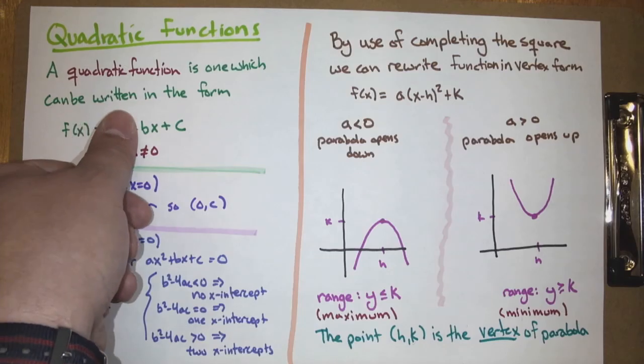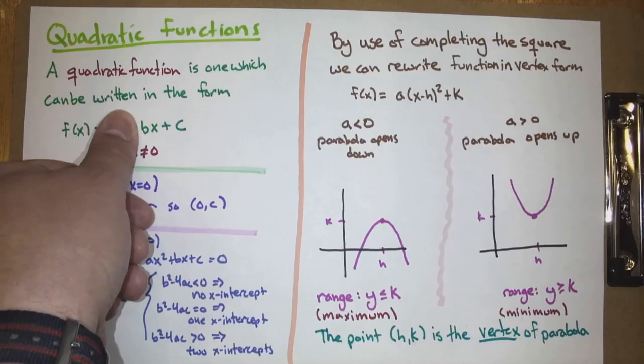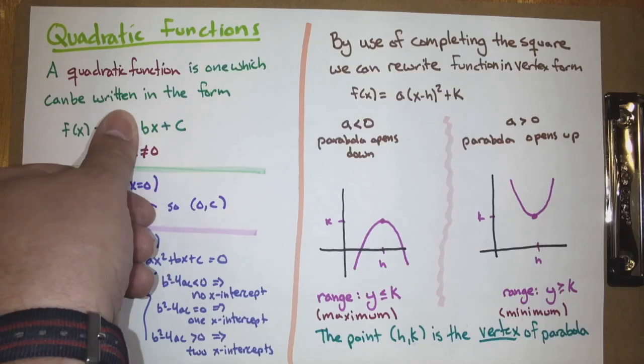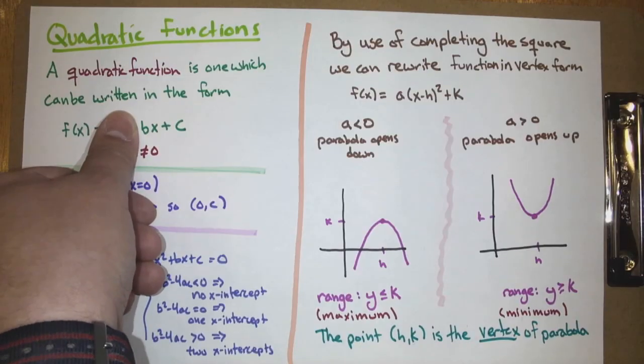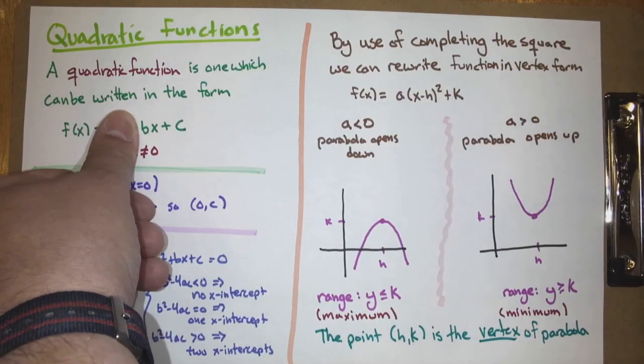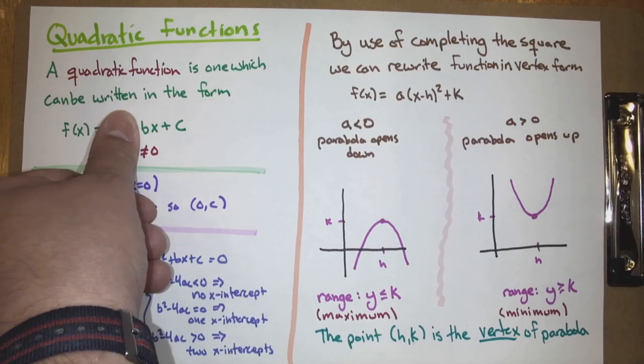Well, then that term goes away, and what do you get? bx plus c, which is y equals bx plus c, which looks like slope-intercept. It's a line.